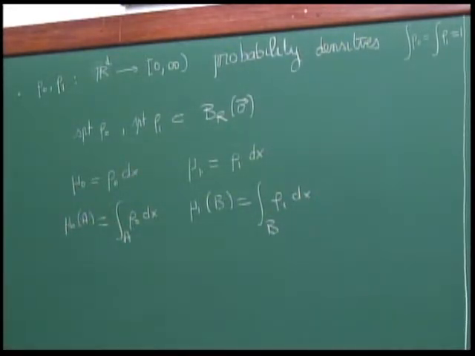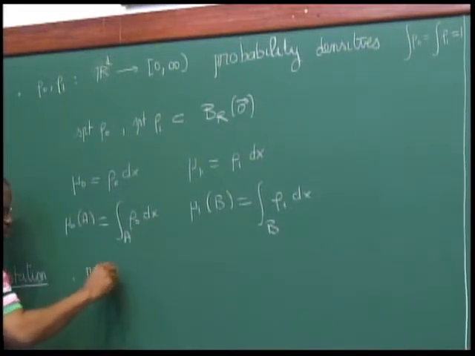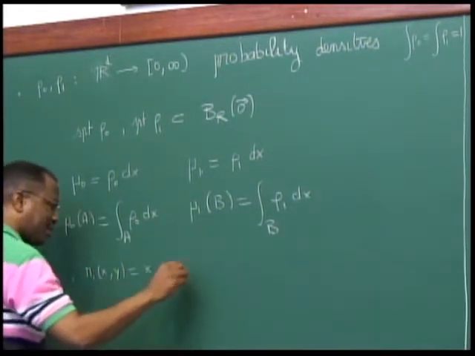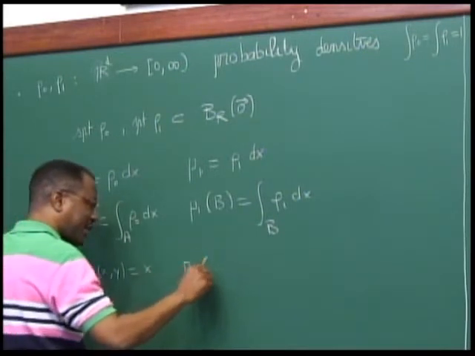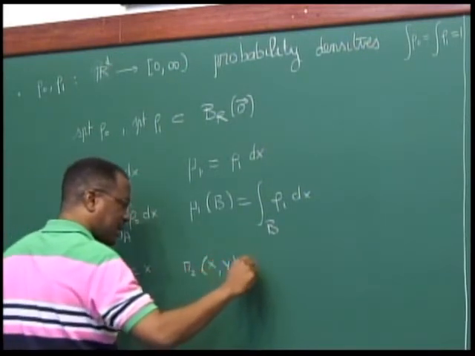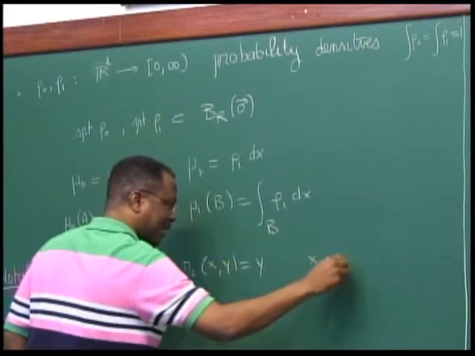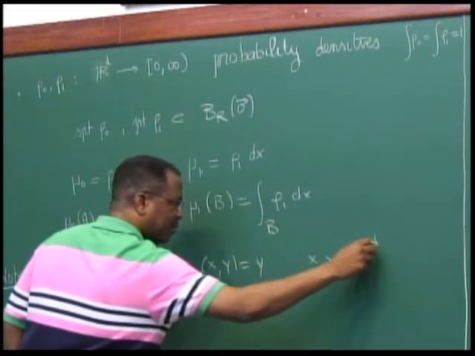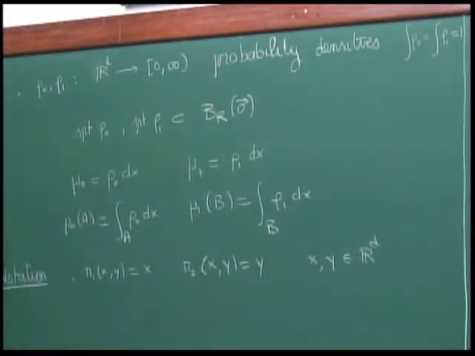And let me recall the notation. If I call pi 1 of x, y equal to x, pi 2 of x, y equal to y for x, y in R^D, so pi 1 and pi 2 are the projections.